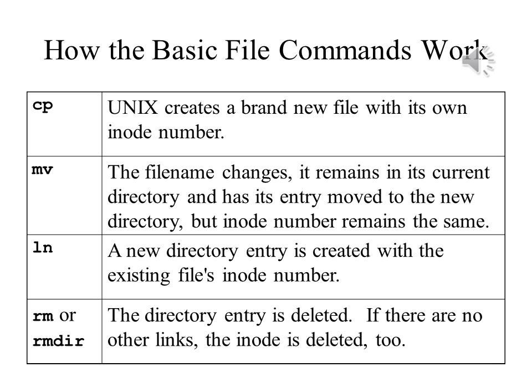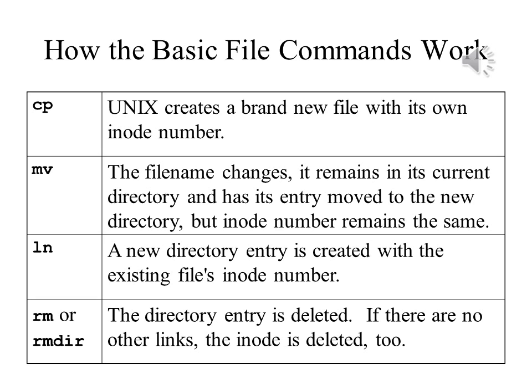ln is creating a new reference, a new way of referring to a particular file, either in the same directory under a different name, or in another directory where it could be the same name or a different name. In either case, it's the same file, the same storage, and the same inode number. rm is short for remove. It will delete a directory entry.